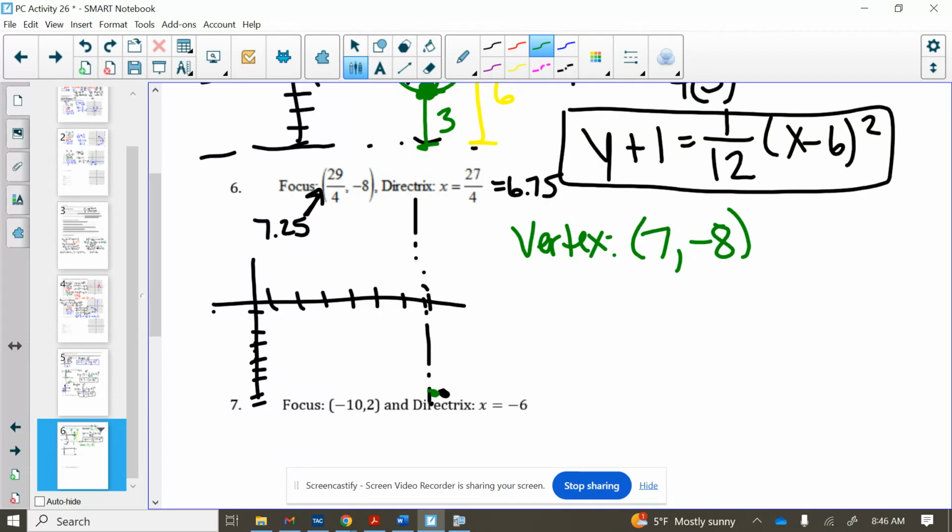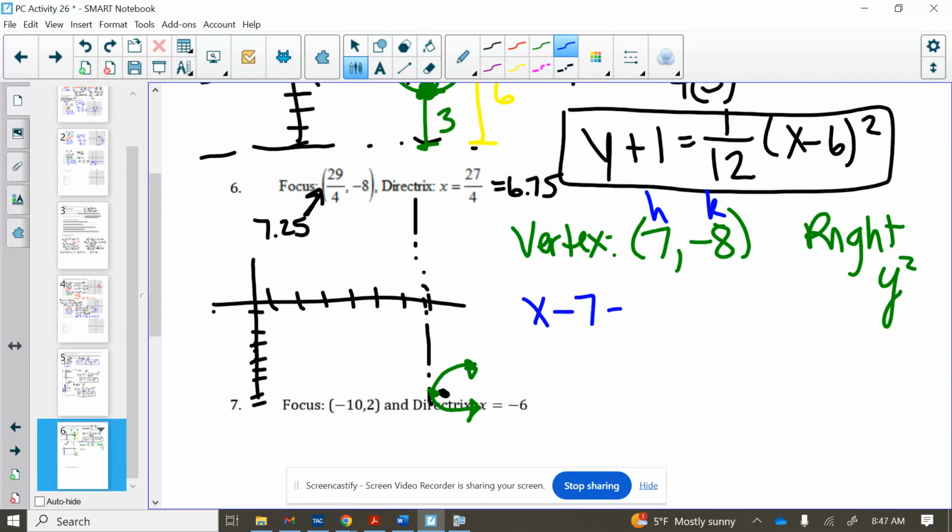And this time, again, we always open away from that directrix towards our focus point, so we're going to open to the right, which means we're going to have a y squared value. So for our h and k values this time, we would have x minus h, 1 over 4 times d, y minus -8 turns into y plus 8, quantity squared.